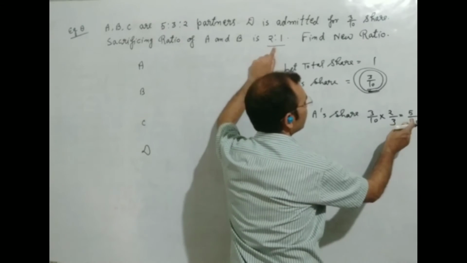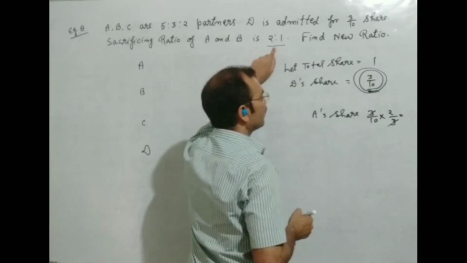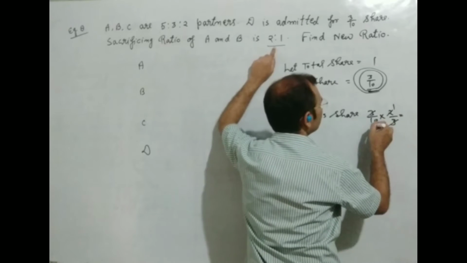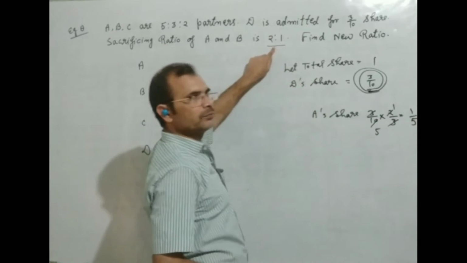We can solve it in another way. If we cut it short, 3 cancels out by 3, and 2 by 1 is 2, 2 fives are 10. We can write here 1/5 also.